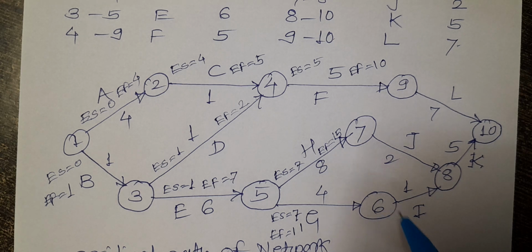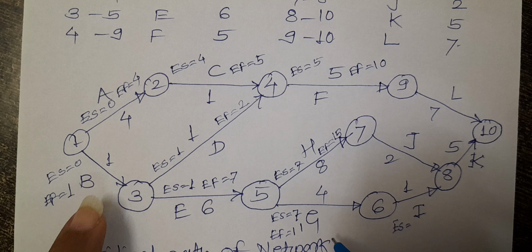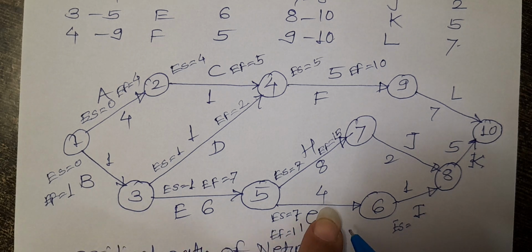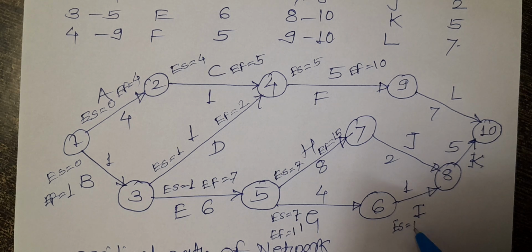So next activity is activity I. What is the earliest start time for this activity? It is 1 plus 6 plus 4, that is 11. So earliest start time for this activity is 11, and earliest finish time is 11 plus 1, it is 12.